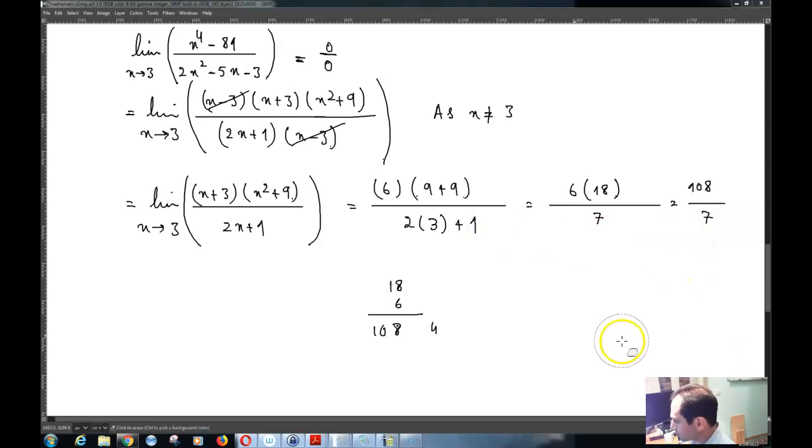That's the limit of this function at that point. So number 8 is 108 over 7.